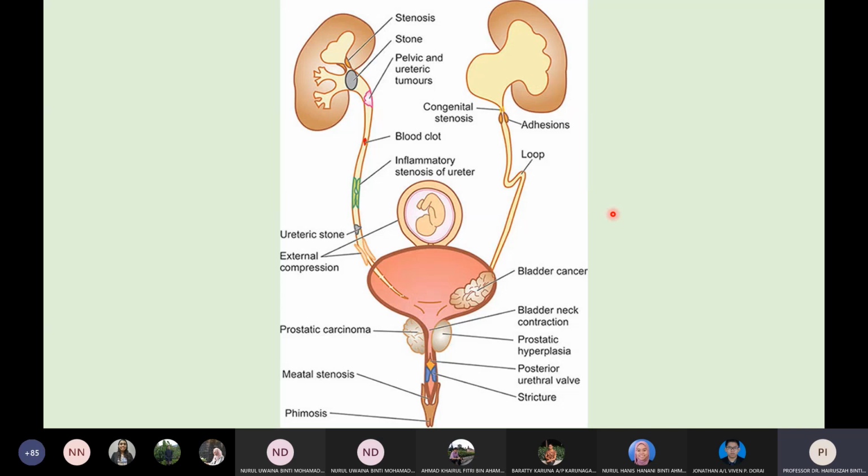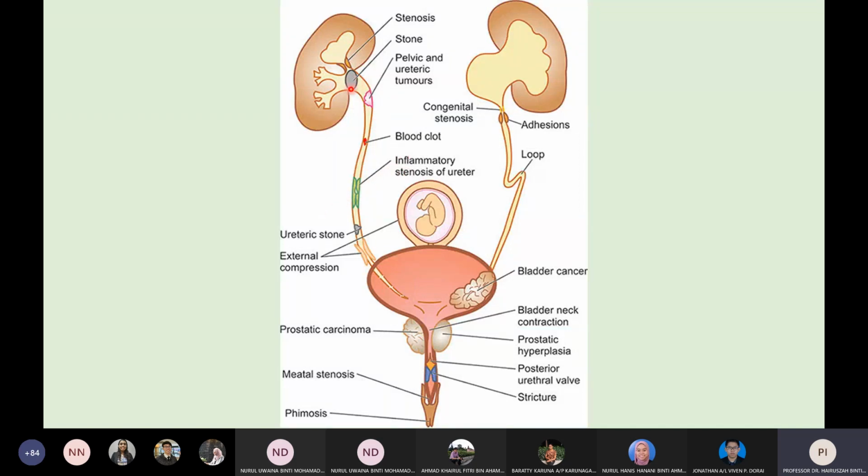Okay, in brief, this picture shows a summary of the possible causes. For example, you have congenital stenosis at the pelvic junction, or obstruction by a stone, physical obstruction, or calculi. Tumors also, and blood clots, rare but can happen. Sometimes inflammation, also very rare, or just stenosis of the ureter, rarely seen.